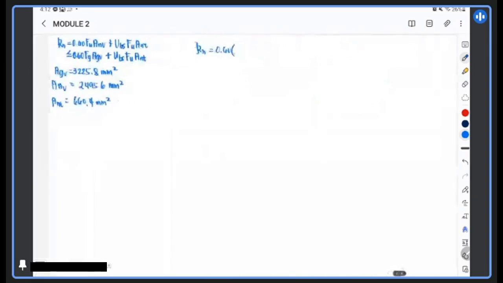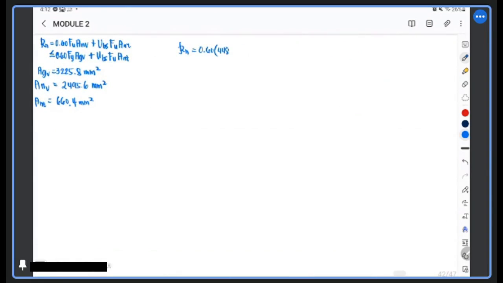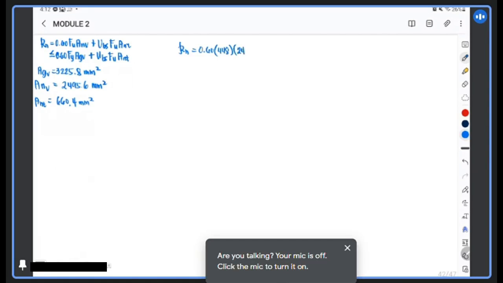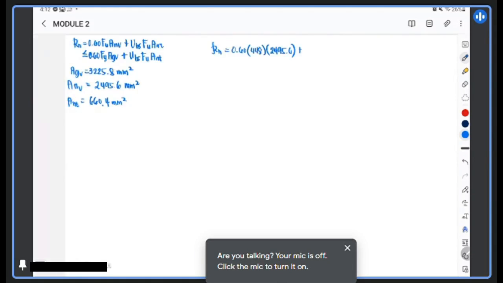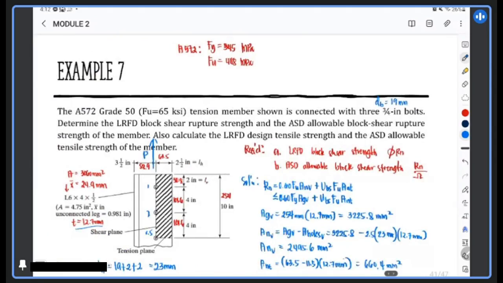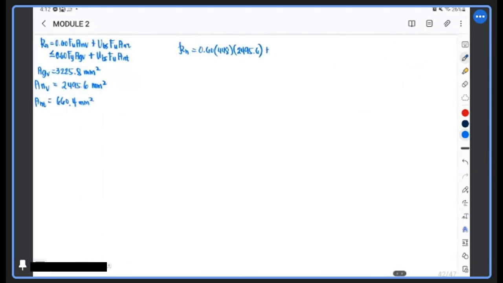FU is 448 MPa multiplied by ANV, which is 2,495.6, plus UBS. Ano bang sabi natin kanina? It is connected in a single line, so it is 1.0, multiplied by FU, which is 448, multiplied by the net tension area, which is 660.4.